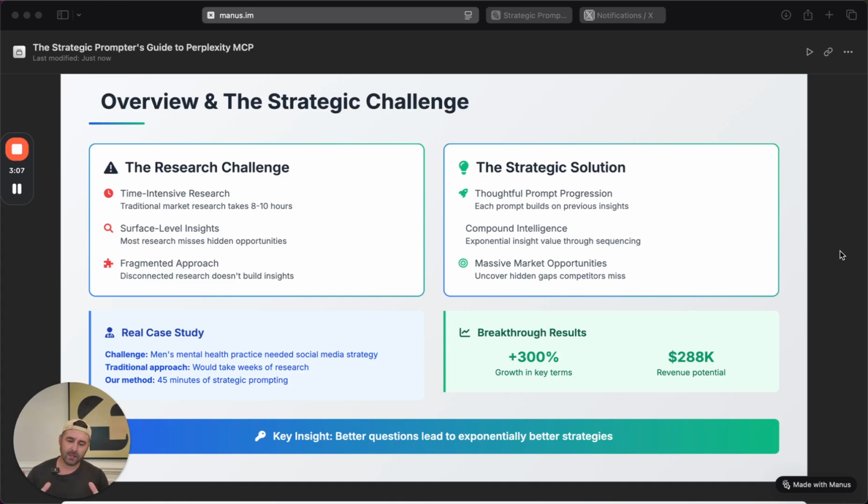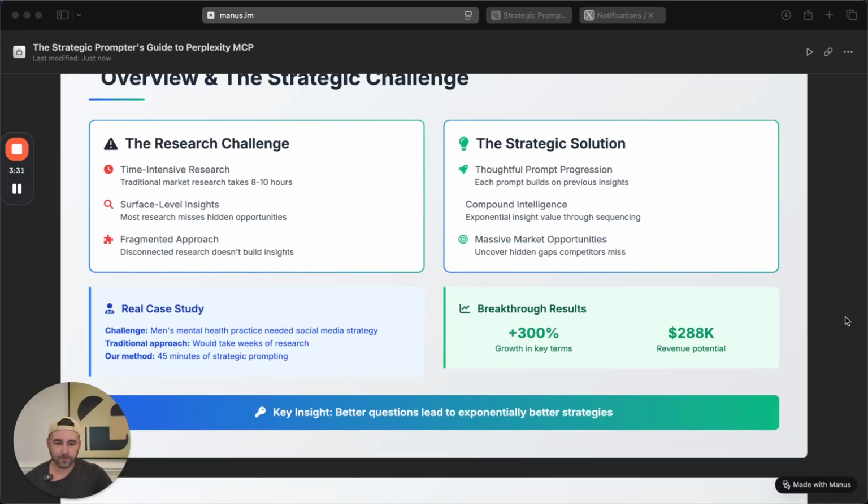The key insight here is that better questions lead to exponentially better strategies. I say this all the time. There are two key things you need to know when working with AI: you need to know what questions to ask, and you need to know what good looks like. If you can do those two things, you can generate incredible insights and incredible results.